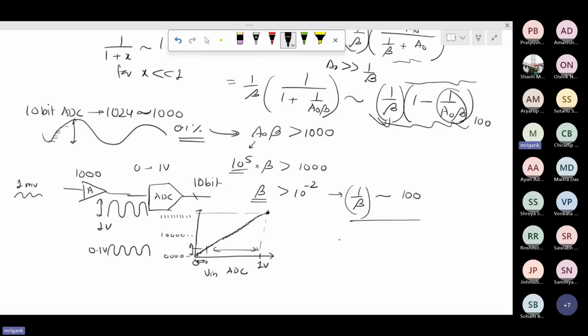So what I can do is have 2 stages, and divide the overall gain of these 2 stages, A1 and A2, so that the total A1 times A2 is around 1,000, maybe around 33 each, something like that. So that this constraint, 1 upon beta less than 100, is also satisfied, and at the same time you get the overall gain you need. Is that clear?